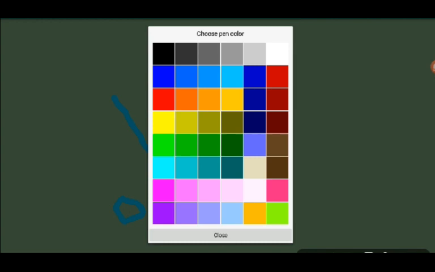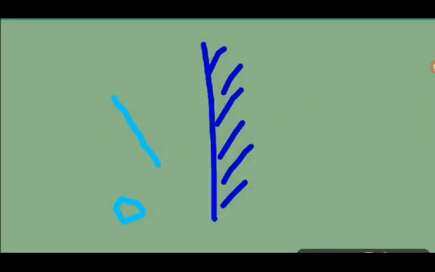Again we have a mirror here, then let's have a line first. This type of line, and this is the object. In order to get the image of this object, first we have to measure the distance as I told you before.